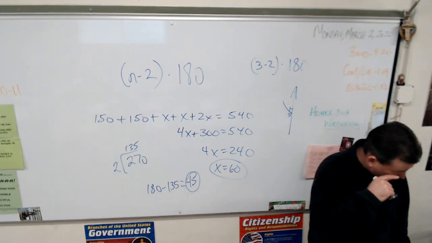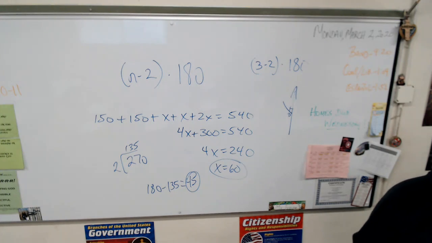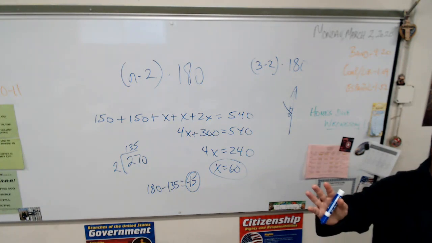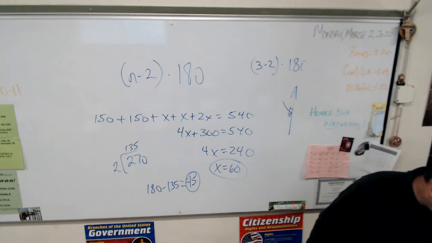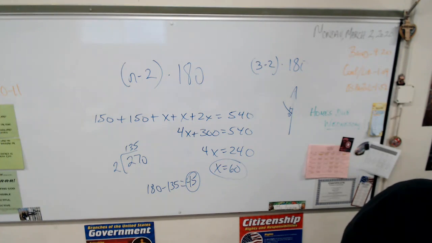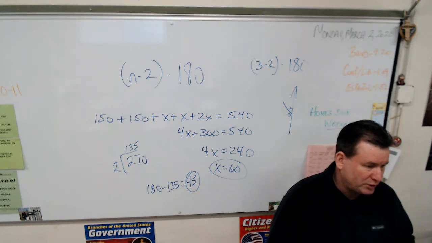That is number 23. Any questions on that? You want me to walk you through that again, Micah? How many degrees in all pentagons? You should have this memorized by now. 540. Do you see that they have 3 angles in that pentagon that are right angles? What's 3 times 90?